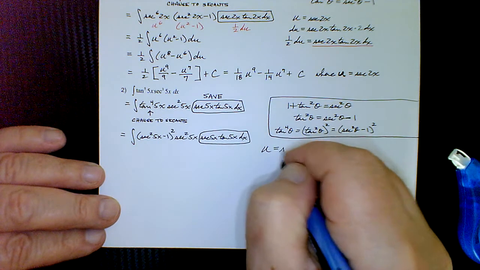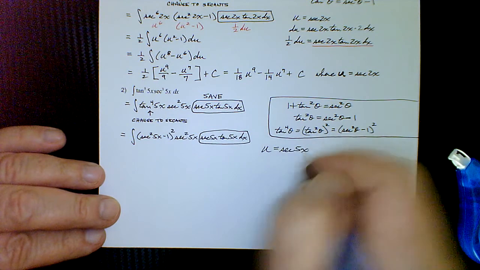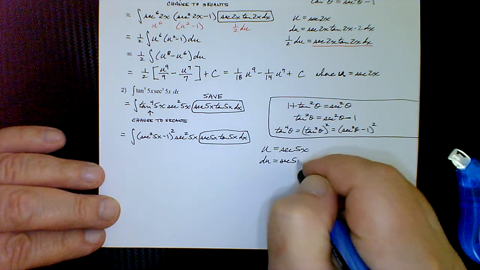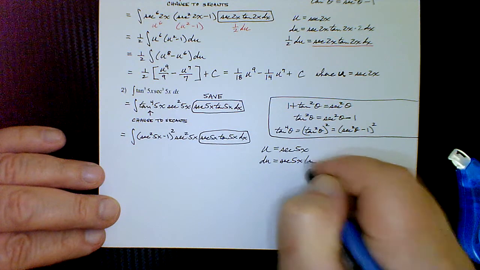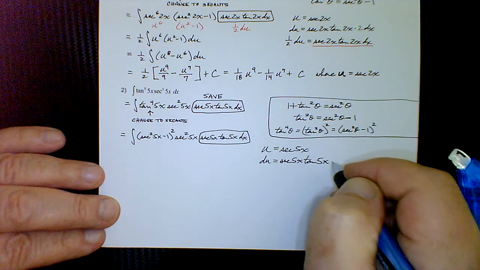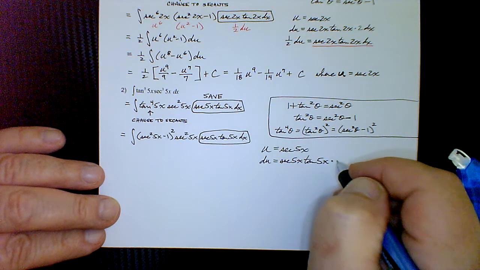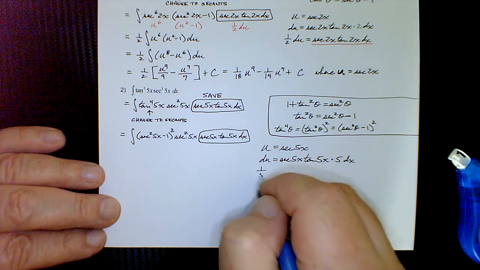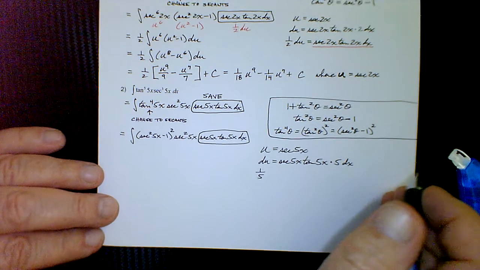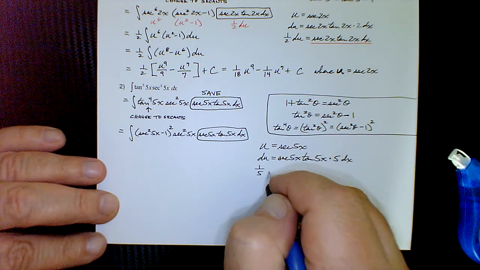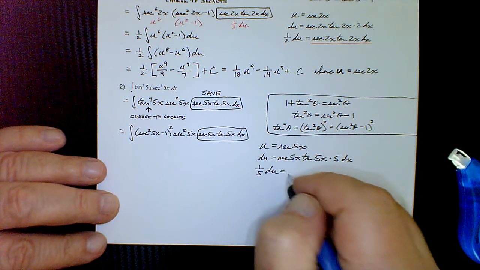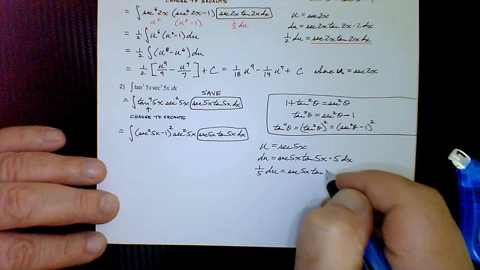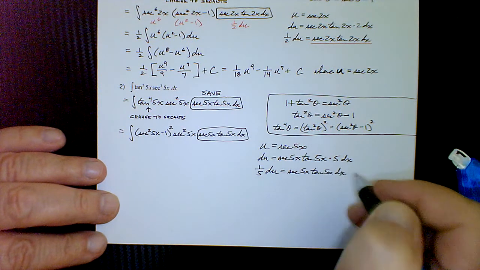And now we're going to choose u to be the secant of 5x. So from here it should be pretty routine. The derivative of secant is secant tangent, so secant 5x, tangent 5x. Don't forget the 5, and formally the differential dx as well. And so 1/5 du is secant 5x, tangent 5x dx.